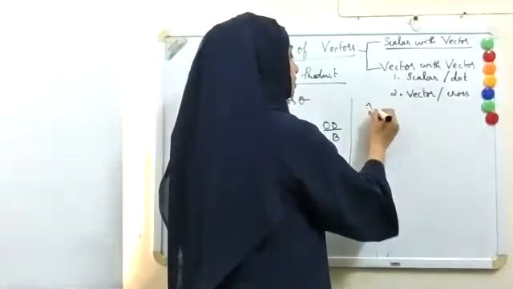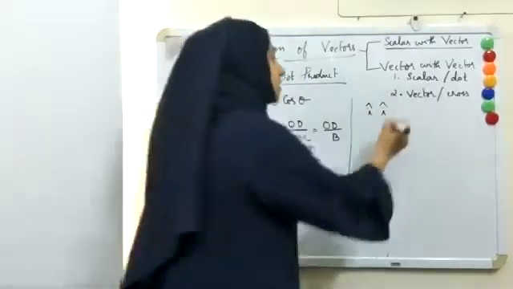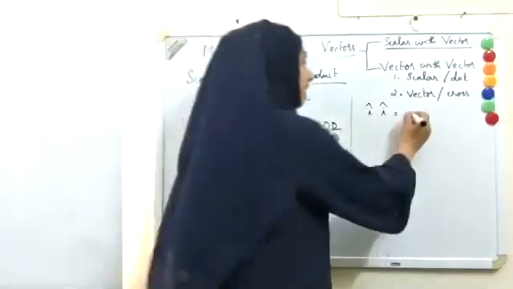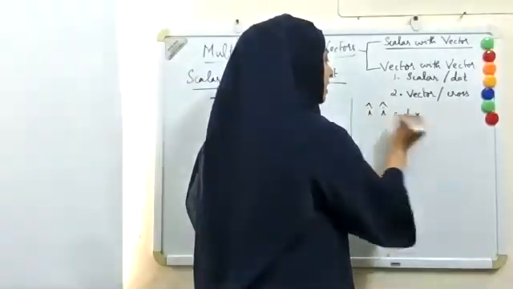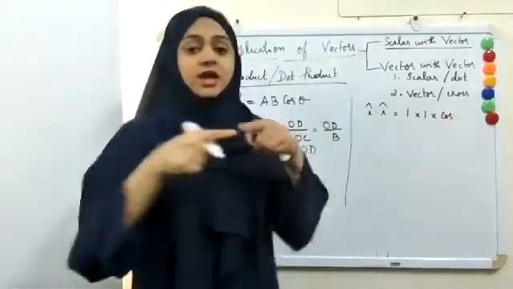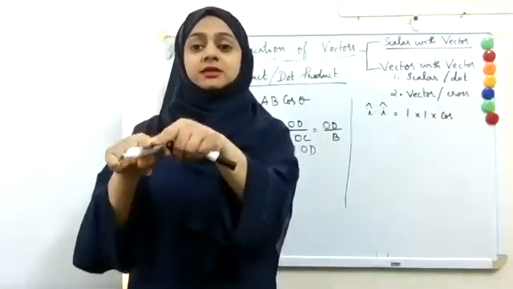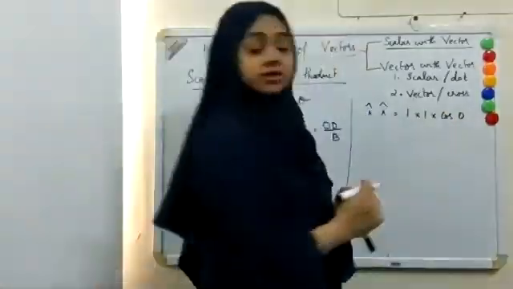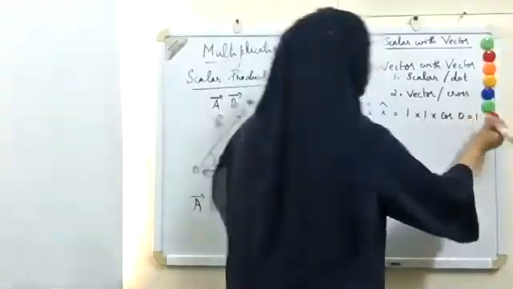Suppose I dot I is equal to what? I have a magnitude 1, again I have the magnitude 1, times cos. What is the angle between I and I? They are in the same direction. That's 0. What is cos 0? 1.